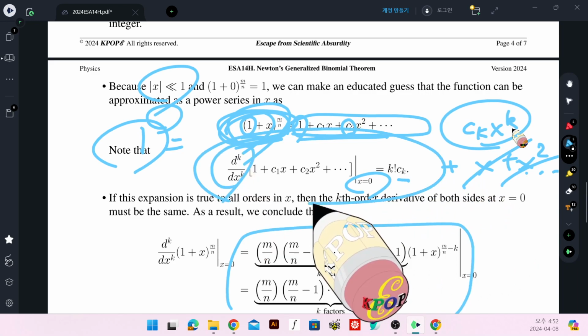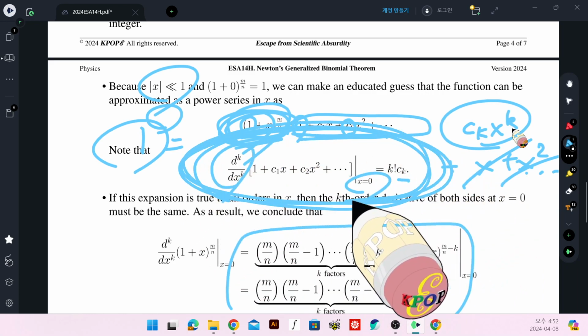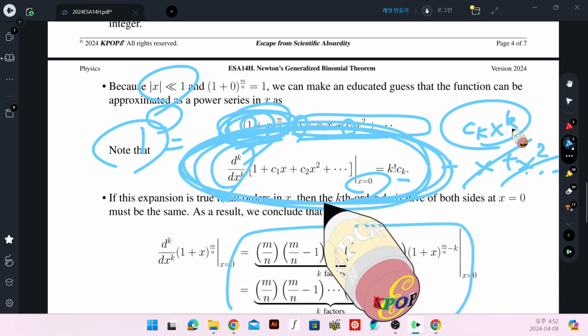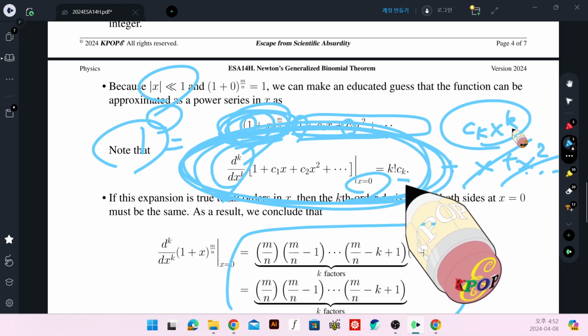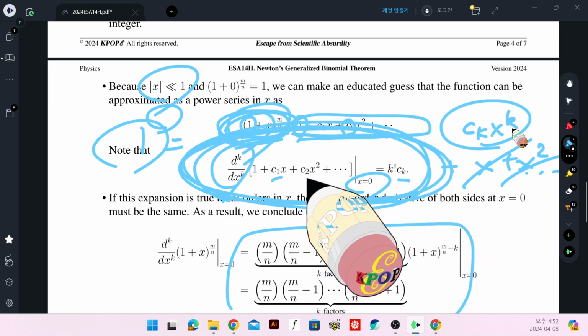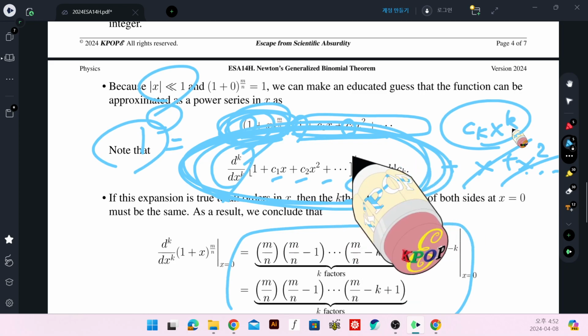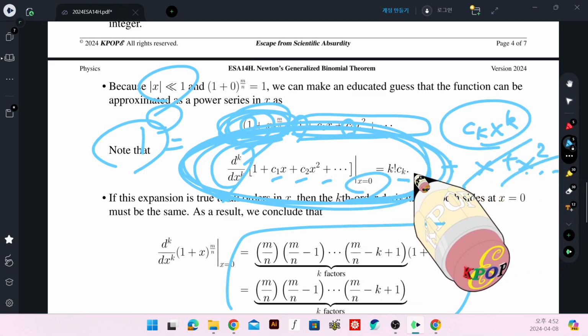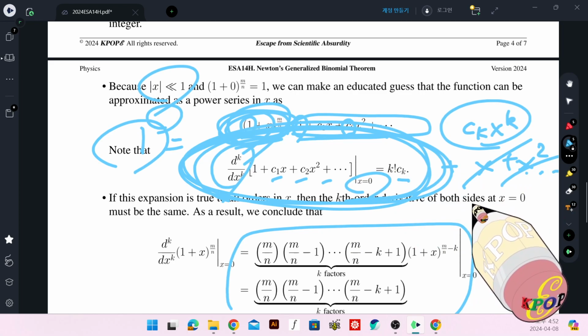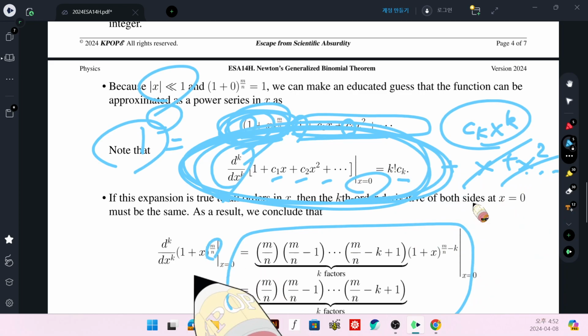So this is a very strong constraint from which we can determine the coefficients. The polynomial's coefficients are completely determined to any order. But as we know, because this power is not an integer, this series does not terminate.